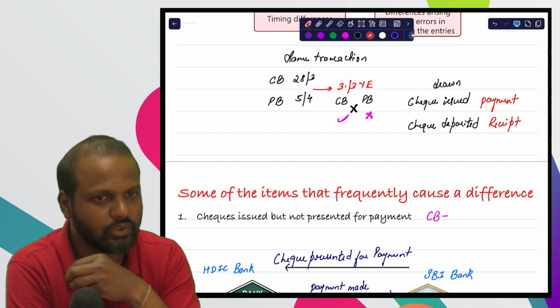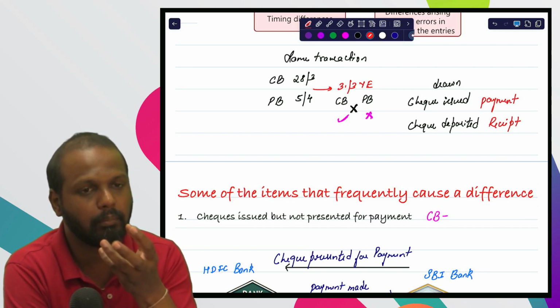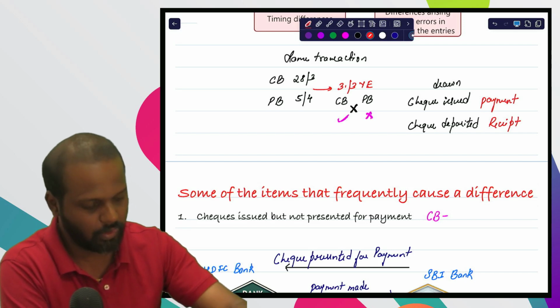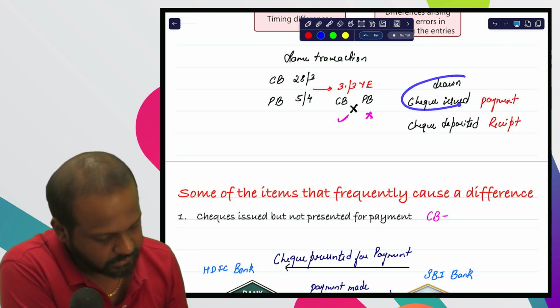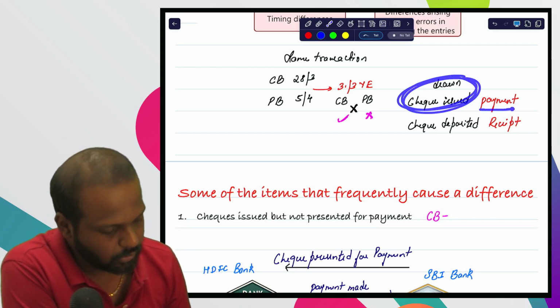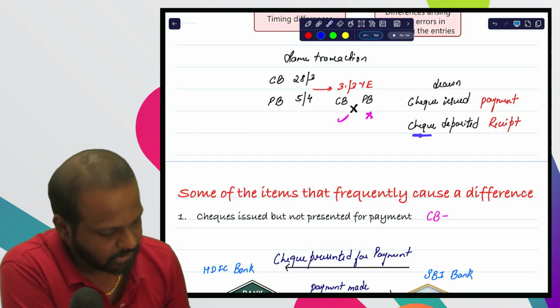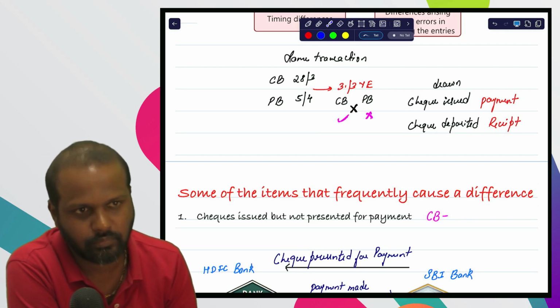So my bank will receive the money and my bank balance will increase. Check deposited, money received, receipts, bank balance will increase. So the first thing is: checks are issued or drawn for the purpose of payment, and checks are deposited for receipt.